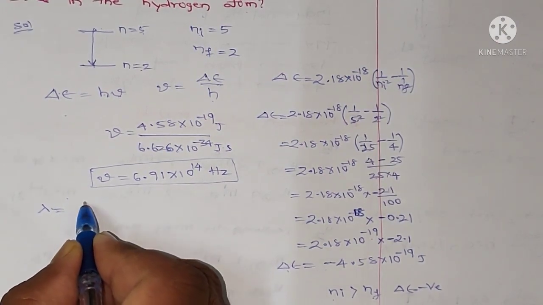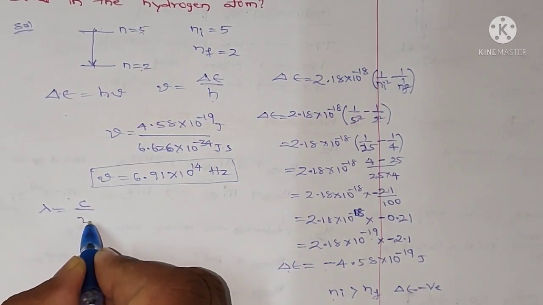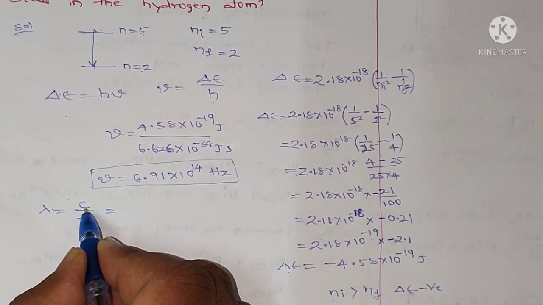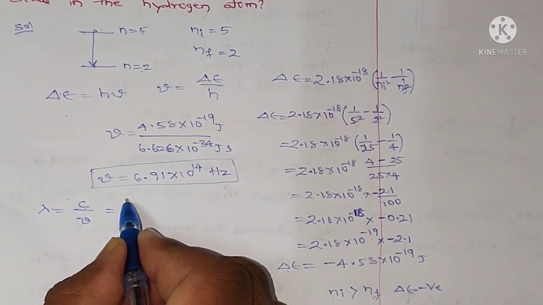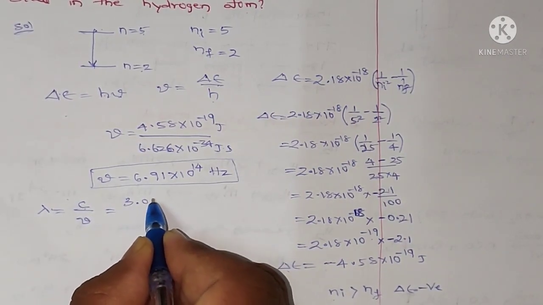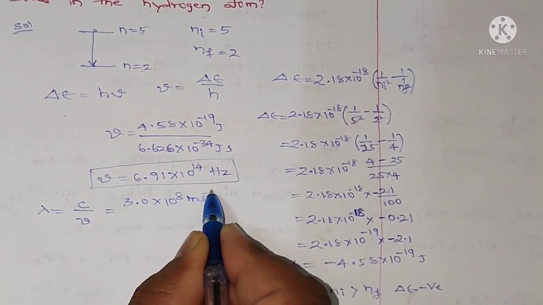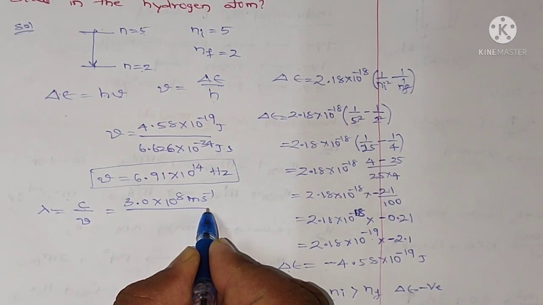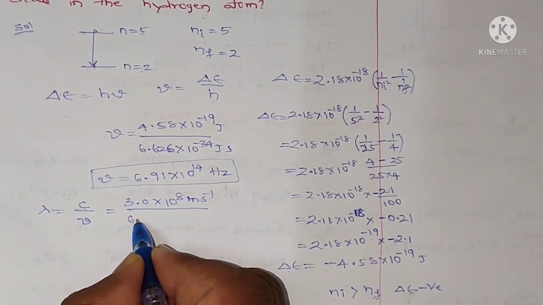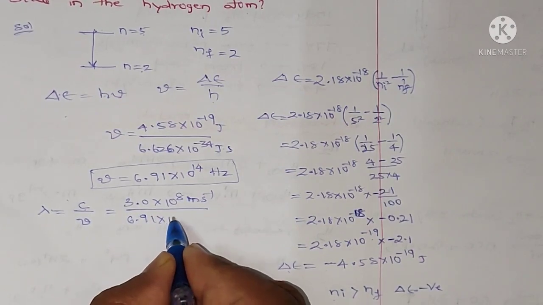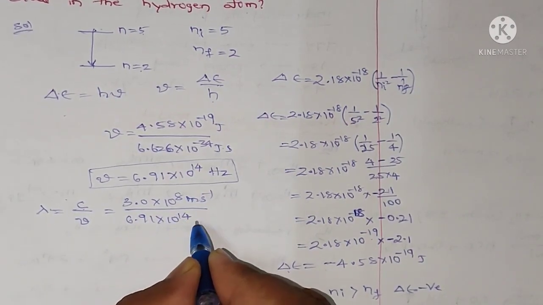Lambda is equal to c by nu. So c is the velocity, 3.0 into 10 to the power of 8 meter per second, divided by nu, which is this one, 6.91 into 10 to the power of 14 hertz.